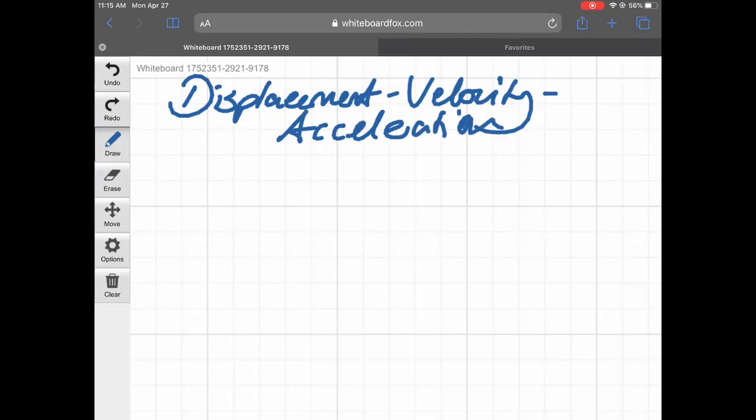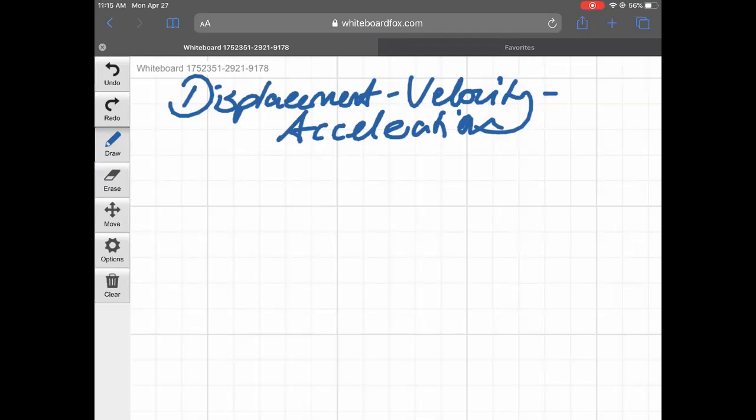So the kinematics is the displacement, velocity, acceleration, things moving, traveling distances, moving at speed, accelerating, changing their speed. So objects, particles, planes, bikes, motor cars, whatever it is, we're going to be describing them. We're going to be using calculus to find different things about them.